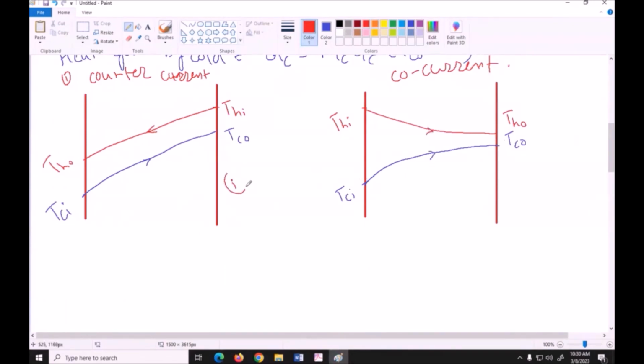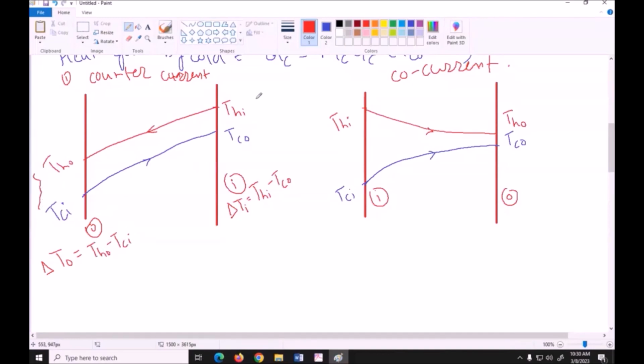Suppose this is the inlet I and this is the outlet O. What is the temperature difference at the inlet? Let us assume delta T I for inlet. The temperature difference at the inlet terminal is THI minus TCO. And here the delta T at the outlet terminal is THO minus TCI.